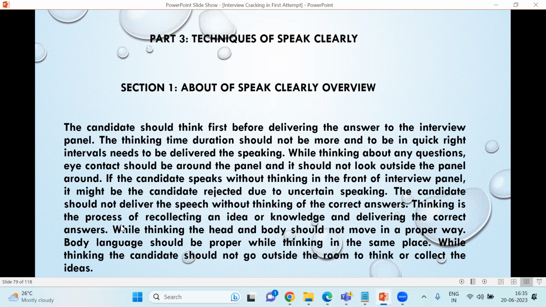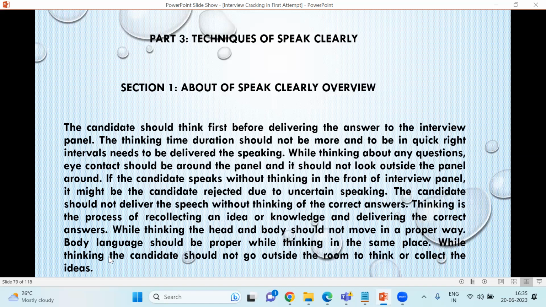Thinking is the process of recollecting an idea or knowledge and delivering the correct answers. While thinking, the head and the body should not be moved improperly. Body language should be proper while thinking, staying in the same place.